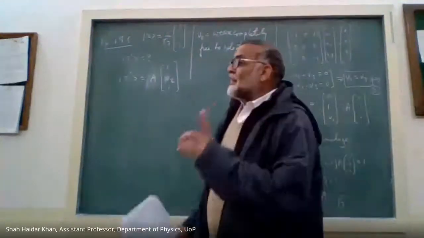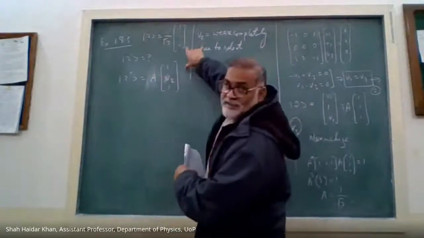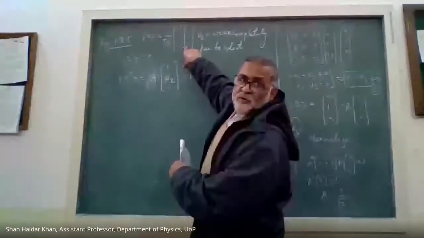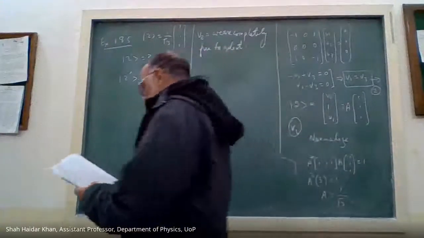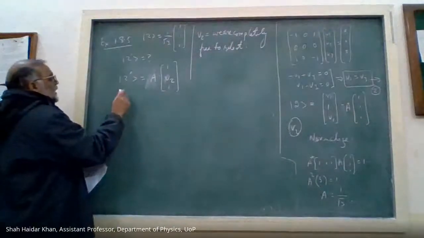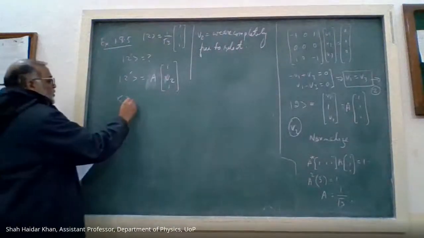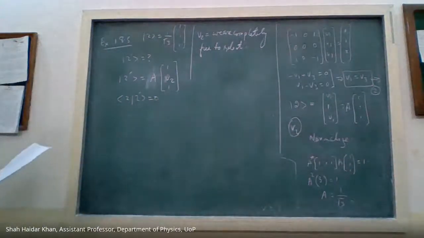To find a second vector which is perpendicular to this one, the scalar product between these two must be equal to 0 because they are perpendicular. The scalar product of 2 and 2 prime should be equal to 0.